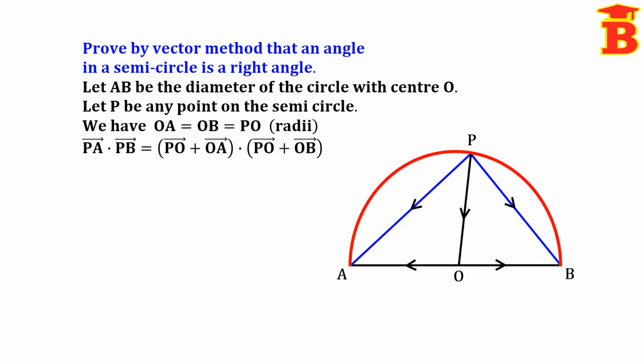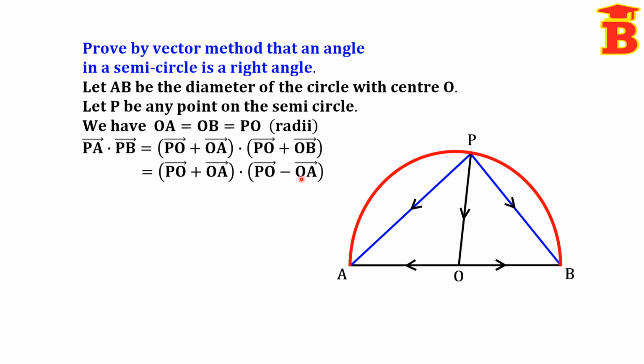Next step, first bracket same, PO vector plus OA vector. In this second bracket, PO vector, this plus OB vector can be written as minus OA vector. Because see the diagram, OA and OB same distance, radius, but in opposite direction. So this OB can be written as minus OA vector.